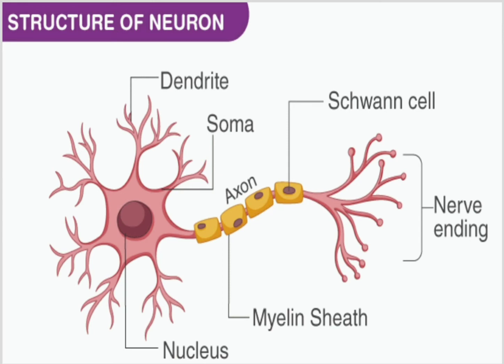So that is why, as I said before, your nerve cells are present everywhere in your body, right from your head to your toe. This forms a connection with each other, and that is how the messages from one part of the body reach the other part of the body. And when I say messages, what do you understand by messages?